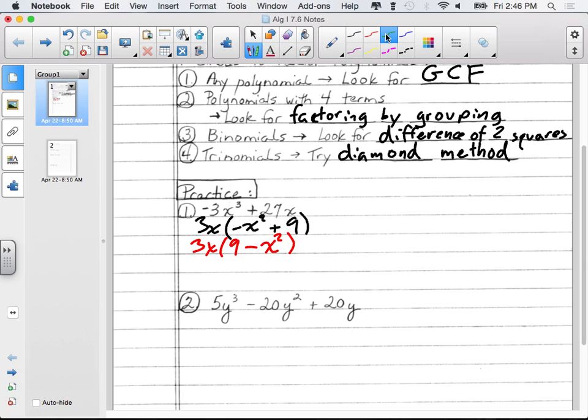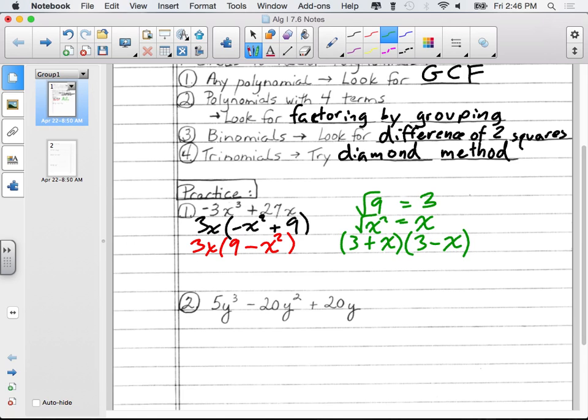So just like what we were doing yesterday, we square root our first term, square root the second term. What is the square root of 9? 3. What's the square root of x squared? X, that's right. So when we're factoring this part, we're gonna have two binomials times each other. They're gonna start with the square root of our first term, and end with the square root of our second term.